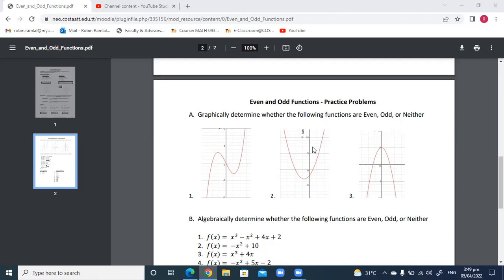So for B, which ones we doing? 1, 2, 3, and 4? No, just 1, 2, 3, right?